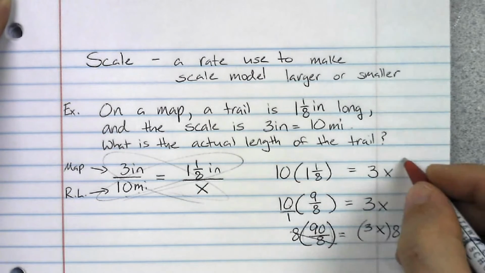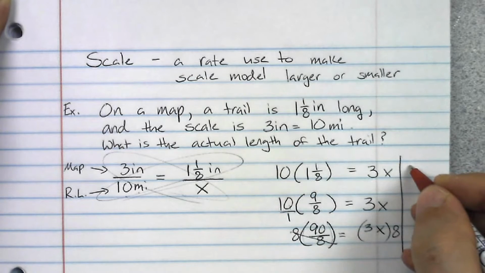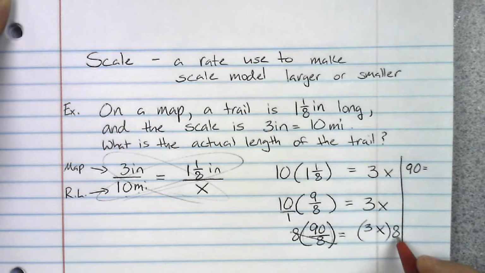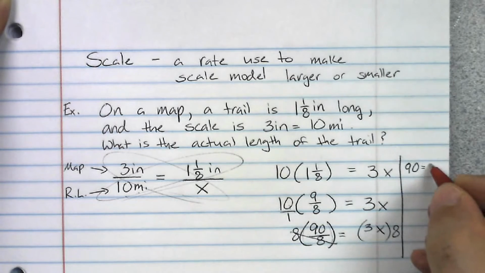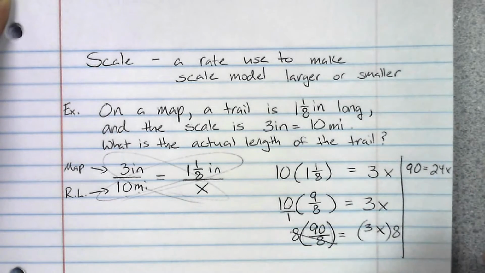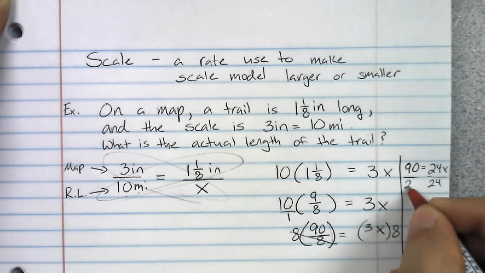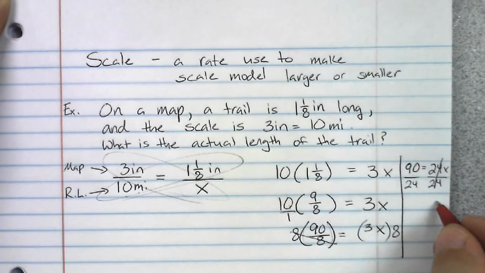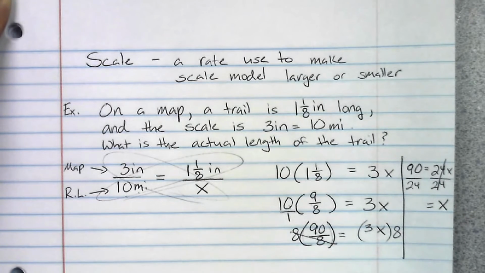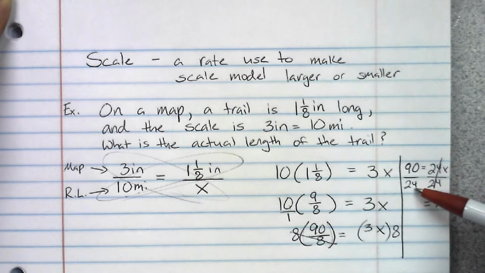Here it cancels, and I'm going to work on this side here. I have 90. On this side, 3x's times 8 is going to be 24x. Now I simply divide both sides by 24. And I know that x is going to equal 90 over 24.